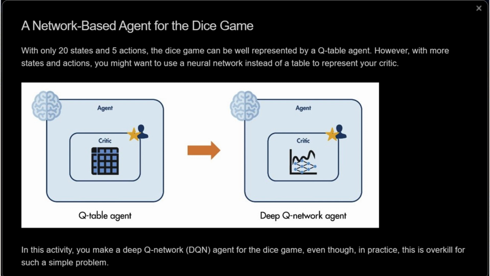In this activity you make a deep Q network, DQN, agent for the dash game, even though in practice this is overkill for such a simple problem.